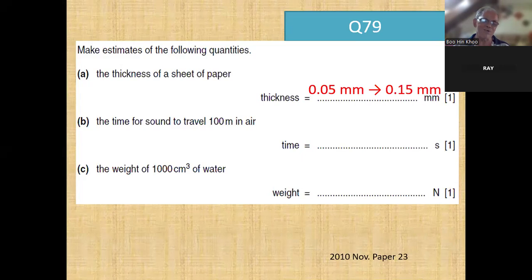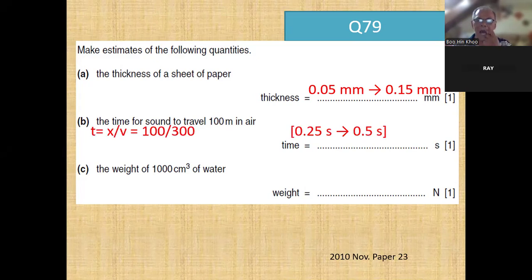You don't have to do a bit of calculation. Estimate the speed of sound, 300 meter per second. So any value between 0.25 to 0.5 second is acceptable. So I will use 100 divided by 300.